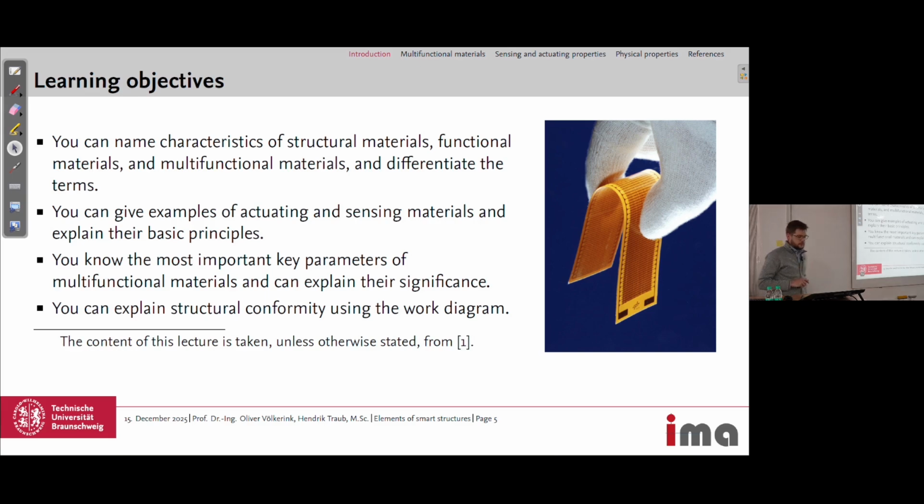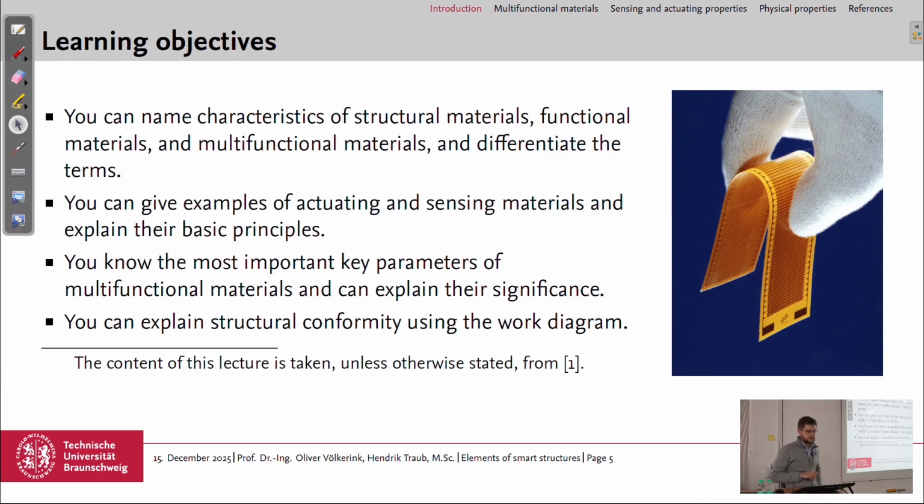So, as in the last lecture, we again have learning objectives. The first learning objective is that you can name characteristics of structural materials, of functional materials, and multifunctional materials, and also differentiate the terms. Then you should be able to give examples of actuating and sensing materials.